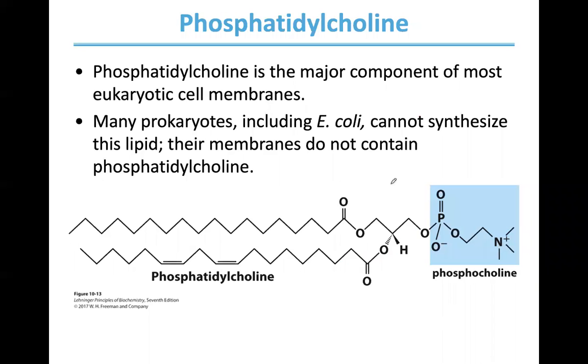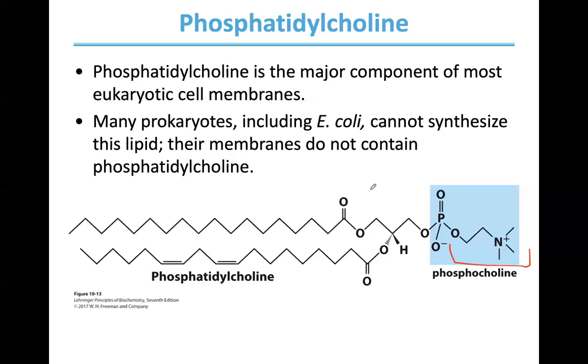So phosphatidylcholine, major component in most eukaryotic cell membranes. So this is probably the most common one. You can see choline is a very common molecule in biological systems, not only as part of a neurotransmitter, it's also part of various biological cell membranes.